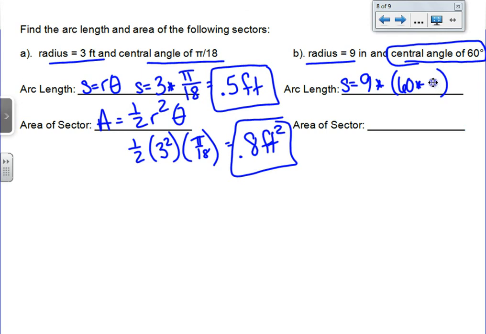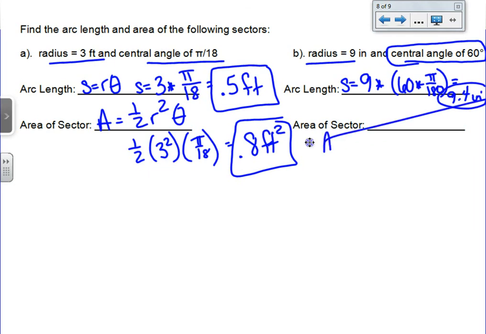Times it by pi over 180. If you just type all that in your calculator all in one step, you'll get your answer. 9 times 60 times pi divided by 180. Done. I heard 9.4, maybe? And what's my label? Inches, good.